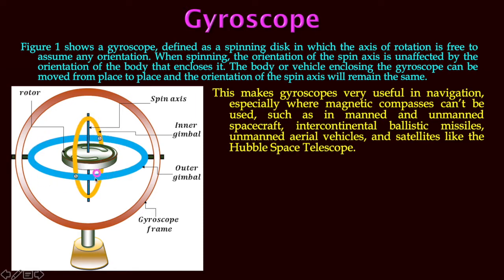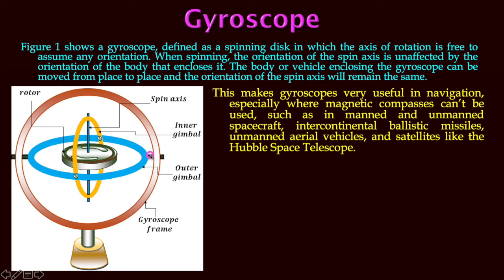These gimbals also can rotate freely about an axis. The inner gimbal can rotate about an axis from this point to this point. If we draw an axis from this point to this point, then this inner gimbal can freely rotate about this axis. And it is connected with the outer gimbal. Now the outer gimbal can freely rotate about this axis.